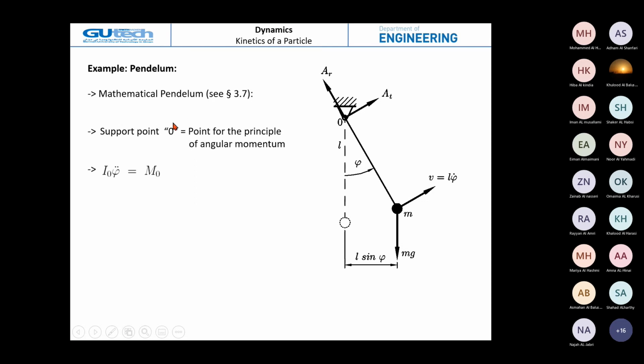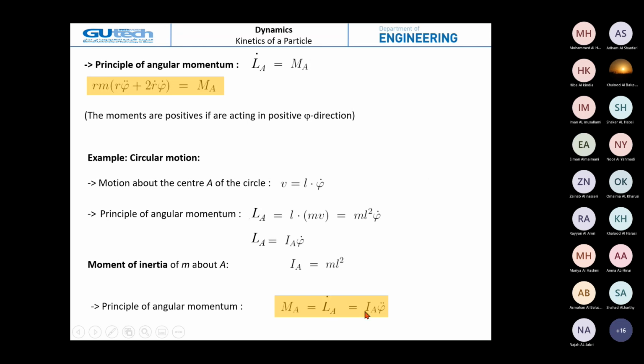Now the support point, or the fixed point O, is the point for the principle of angular momentum. That's what we have here by definition. This is the inertia, the moment of inertia.